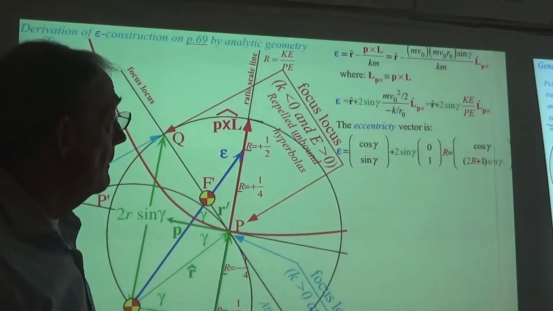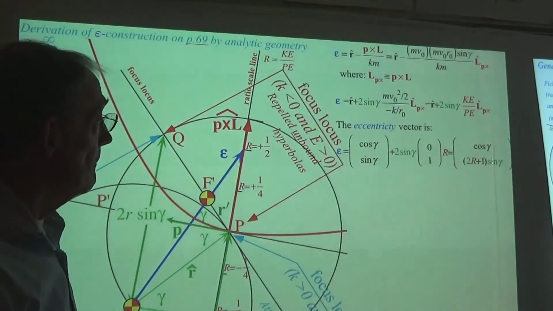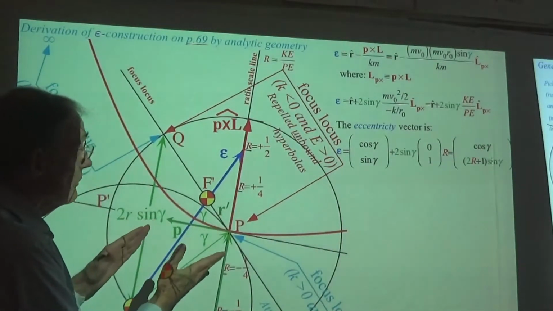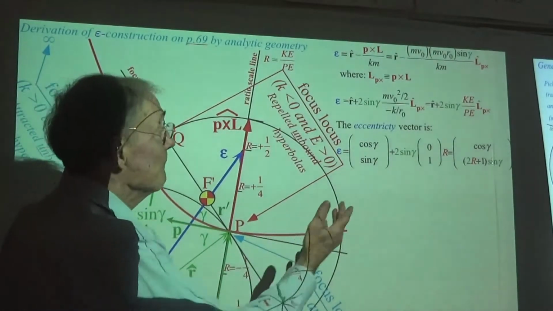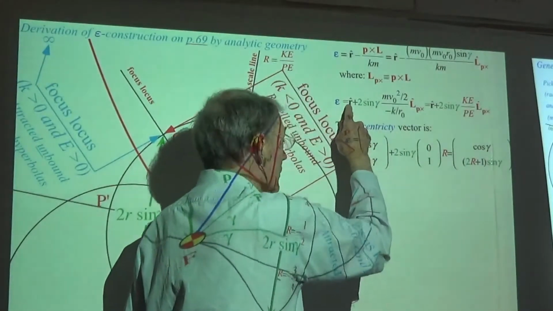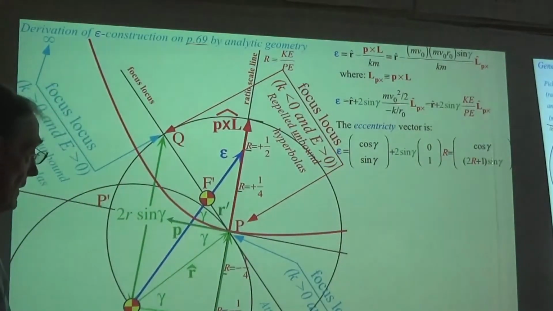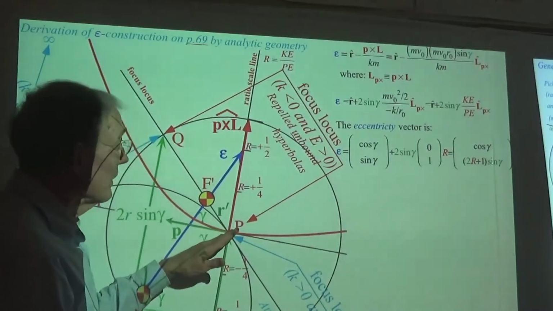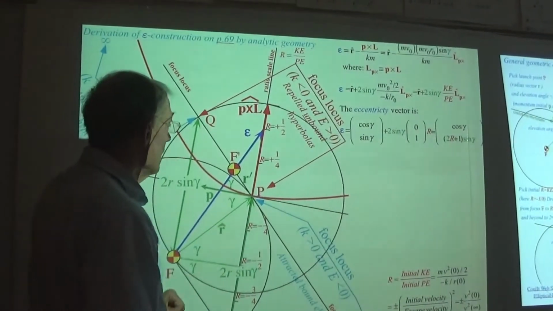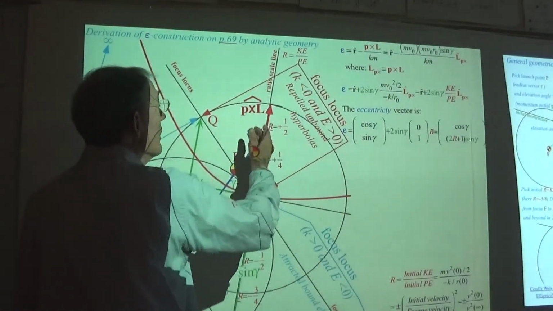Just put that epsilon together, 2 sine gamma in the coordinate system involving this vector right here and the R unit vector. So at any point I have an R unit vector, that's our launch position, and then we have this P cross L axis.